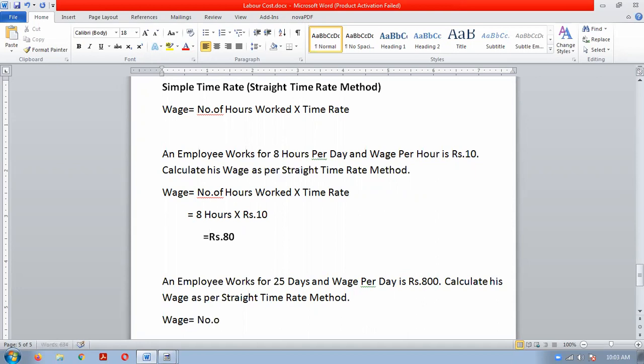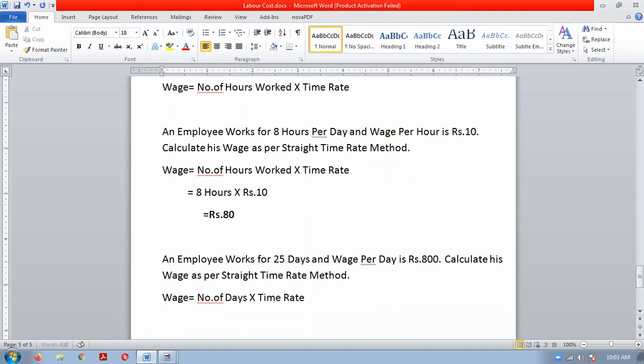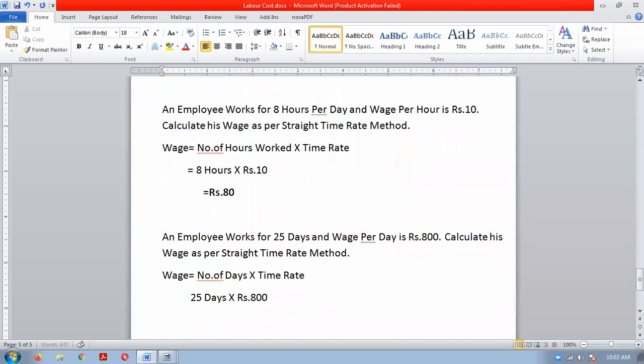Here you will take number of days into wage per day, or you can say time rate. He is working for 25 days, and one day he will get ₹800. So how much will be his wage? 25 into 800. How much will be his monthly wage? It will be 20,000.